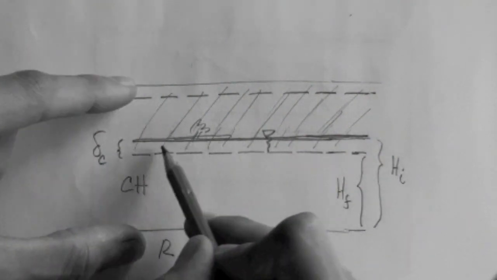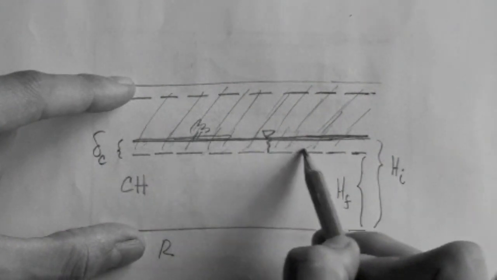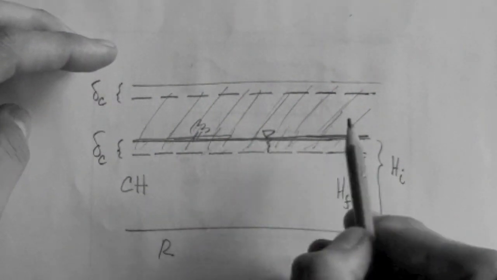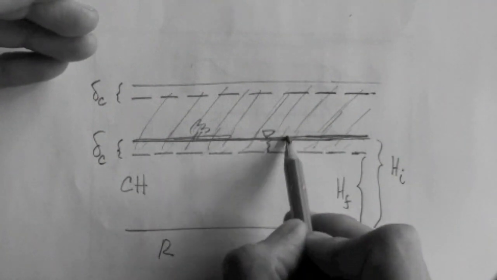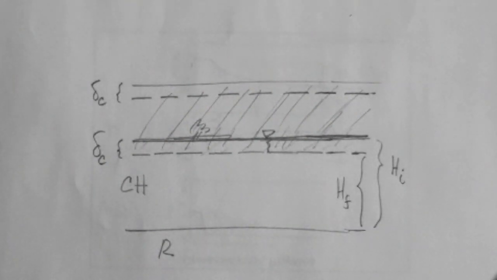So the water that was initially here, look at the water table, remains there, but now it's higher than the interface between the clay layer and the fill. So the water does flow, but it flows accompanying the squeezing of the soil.